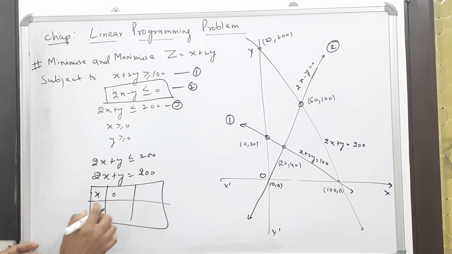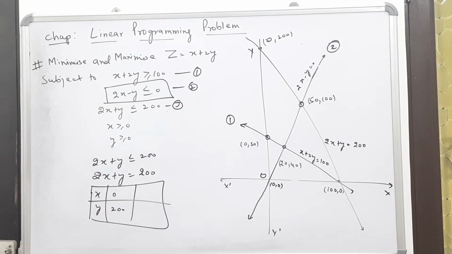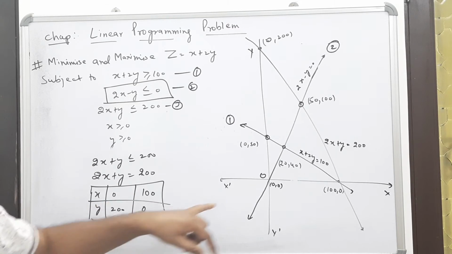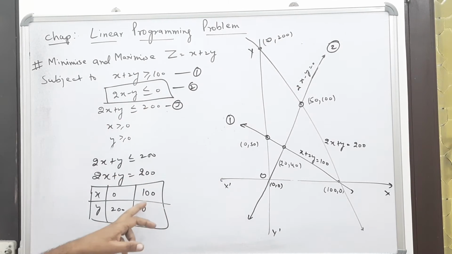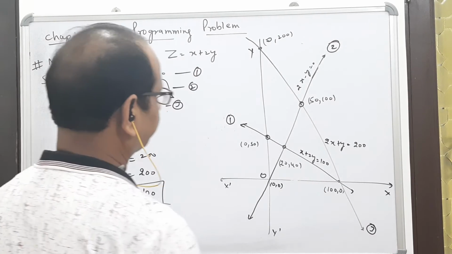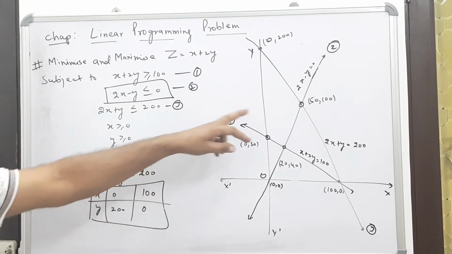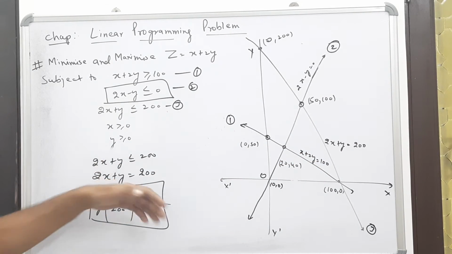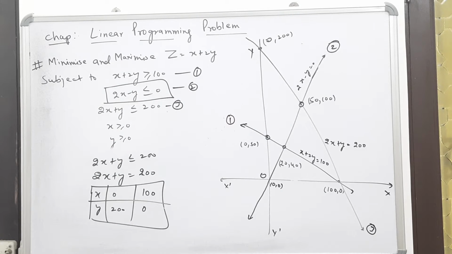Take x equals 0, so the value of y is 200. And take y equals 0, then the value of x is 100. So it is (0, 200) and (100, 0). This is the graph of 2x plus y equals 200. In this way we draw the graph of all three lines.